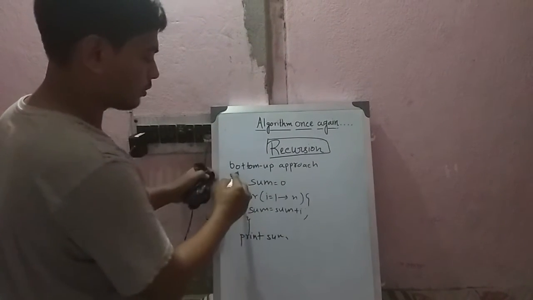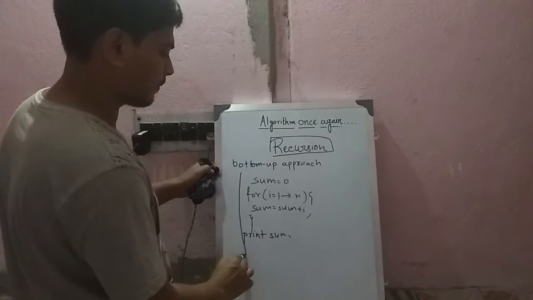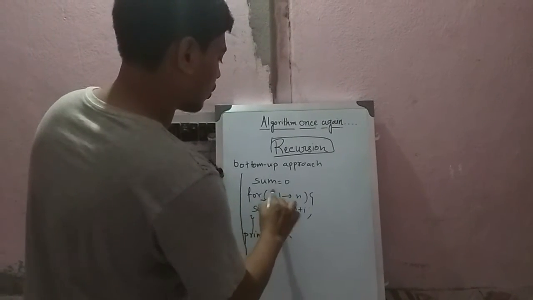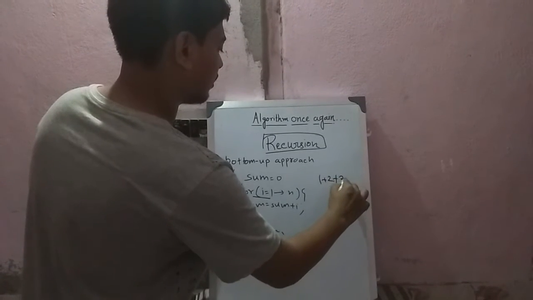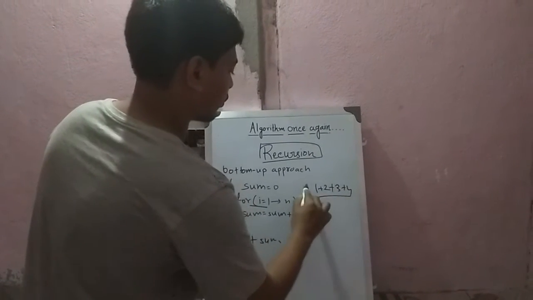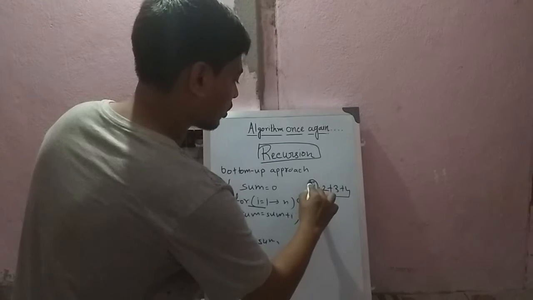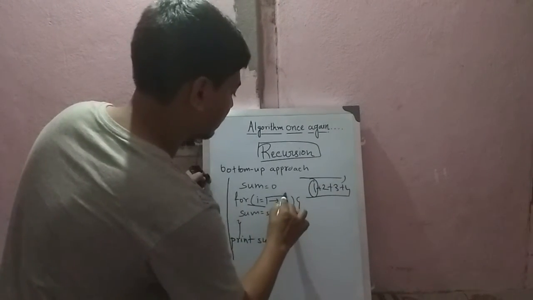So see, this is iteration. In iteration we go 1, then plus 2, then plus 3, then plus 4. So this is a bottom up approach. We take the variable at the bottom level and go to the nth level.